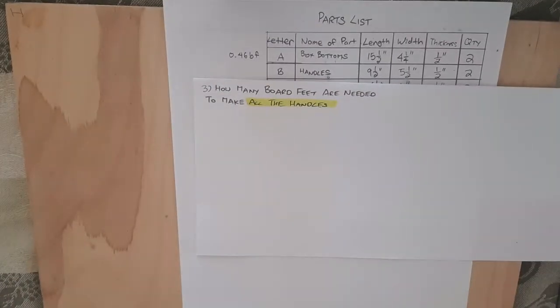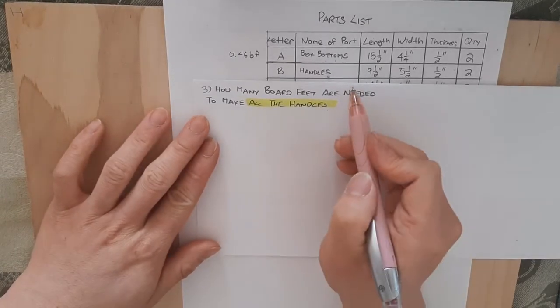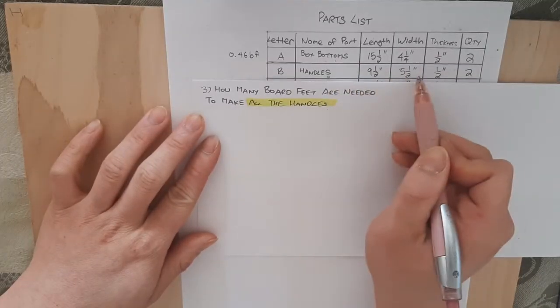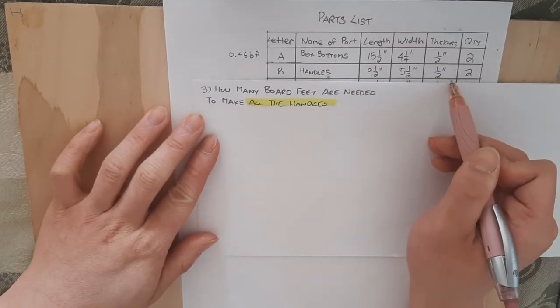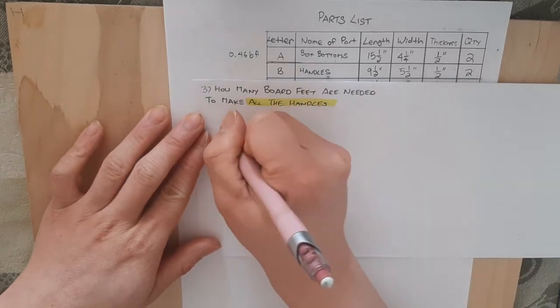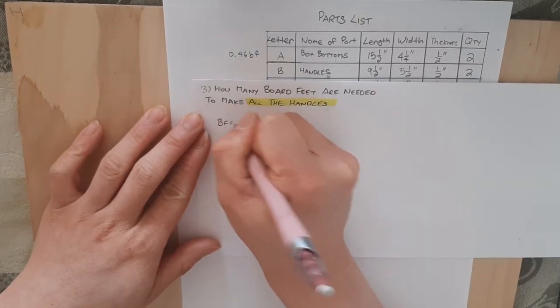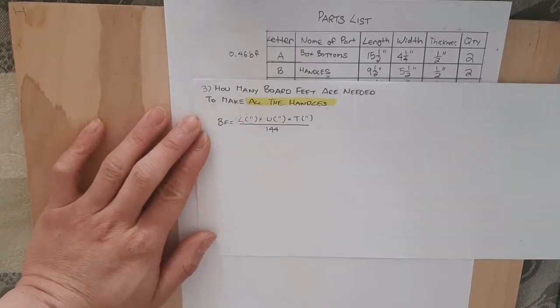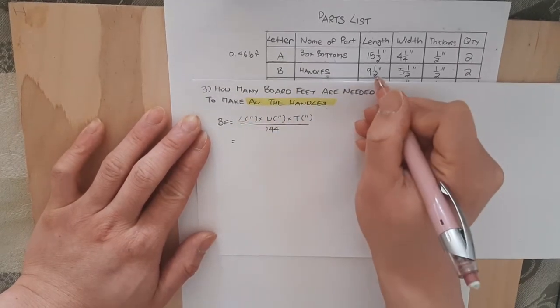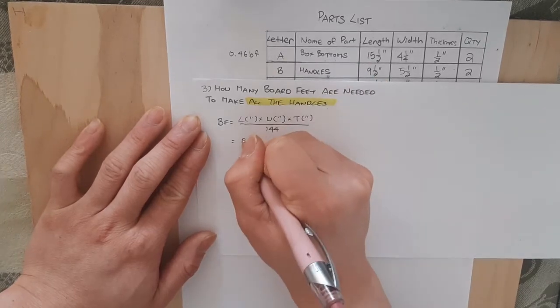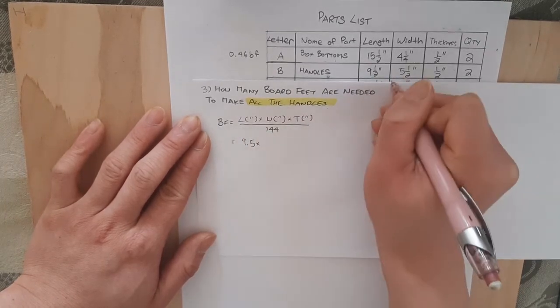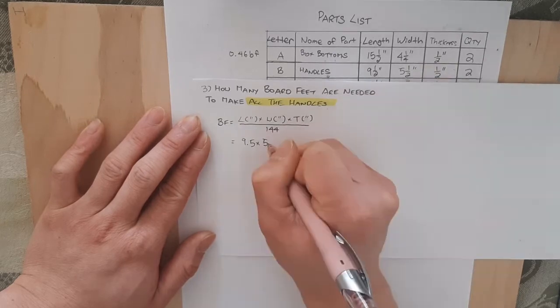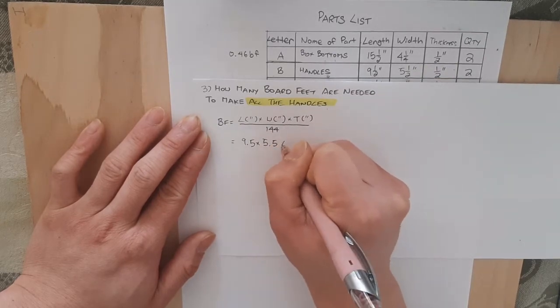Now, when you're doing an assignment, very important to read the question carefully. So, to do that, what I'm going to do is I'm just going to figure out the board feet for one of the handles, and then I'm just going to go ahead and multiply it by 2. So, here's the formula. And I'm going to plug in the numbers. So 9.5 is 9.5. 5.5 is 5.5.